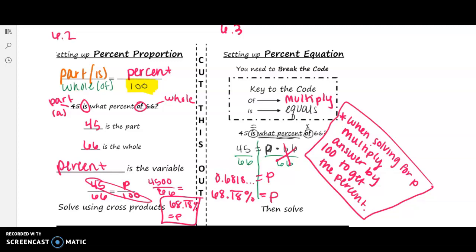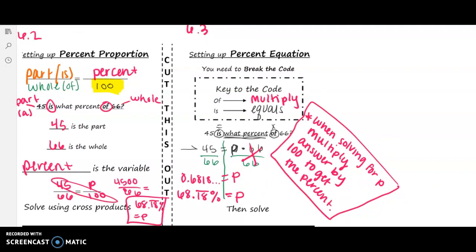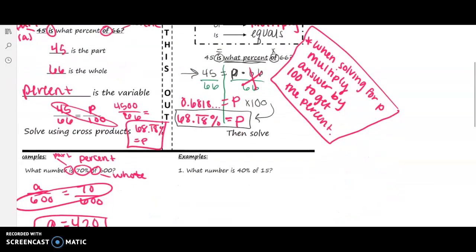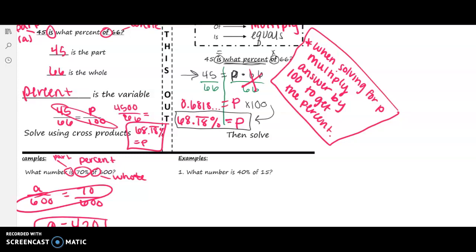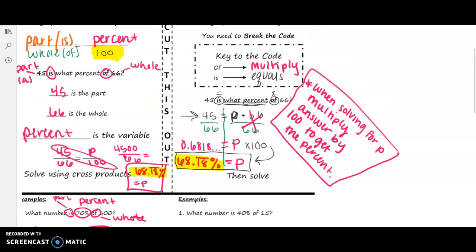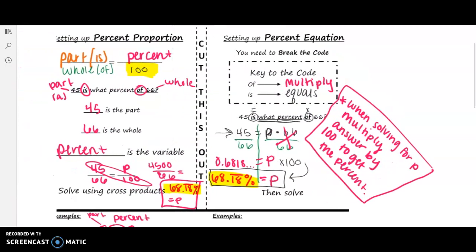But when we use equations, we don't have any 100 in our equation, so we have to multiply our answer by 100 to get our actual true percent. If we don't, then we just have a rational number. And you'll notice that we got the same answer when doing the proportions with the same word problem.